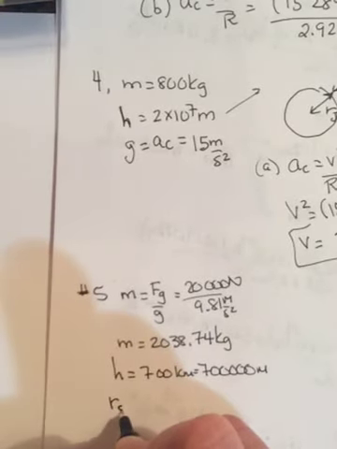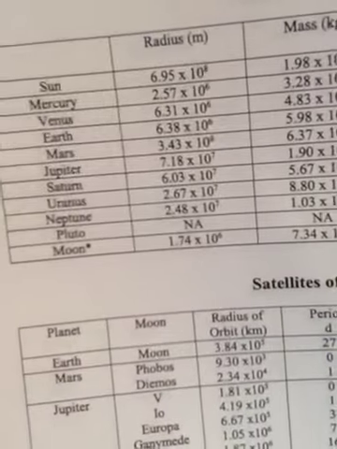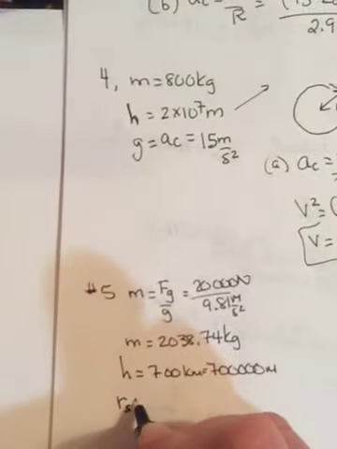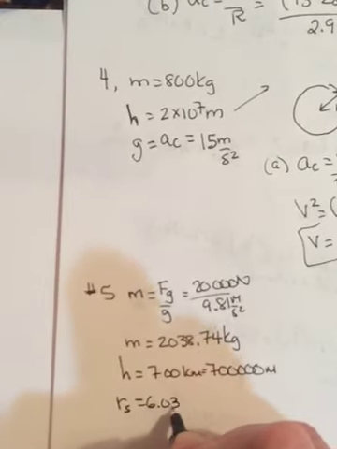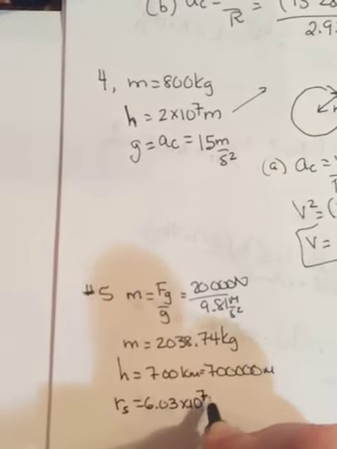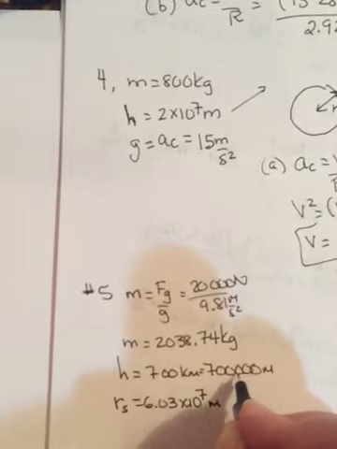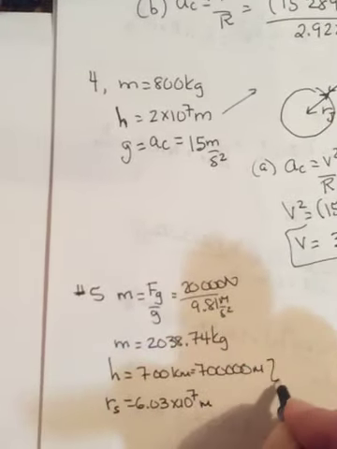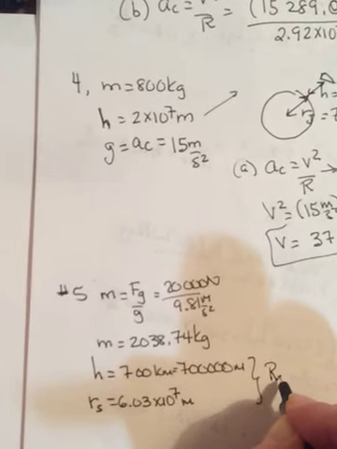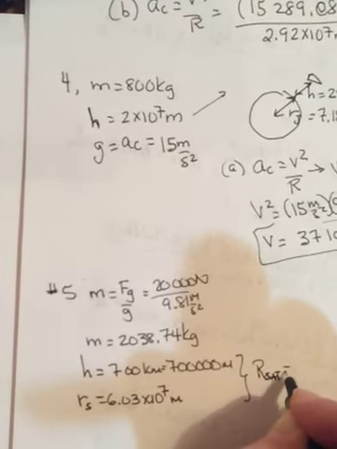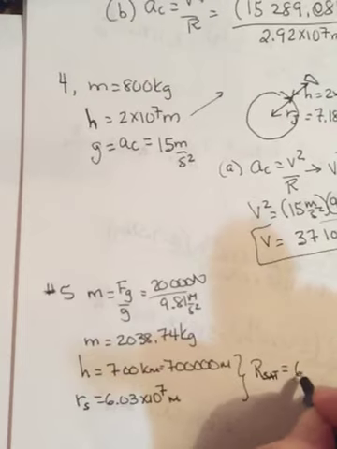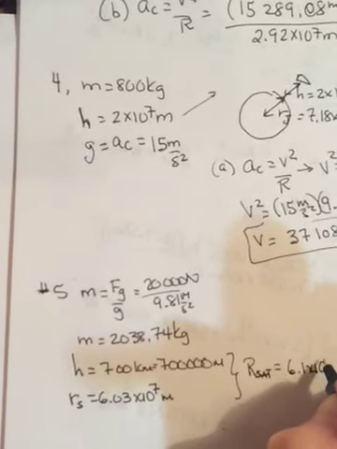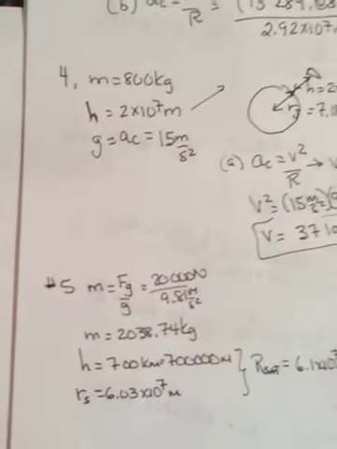So the r of Saturn on our chart is 6.03 times 10 to the 7th meters. So the radius of orbit, when you put these two together, of the satellite should be 6.1 times 10 to the 7th meters.